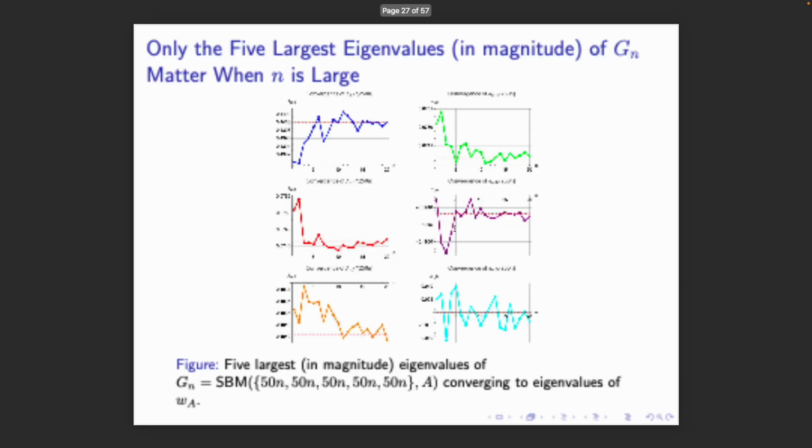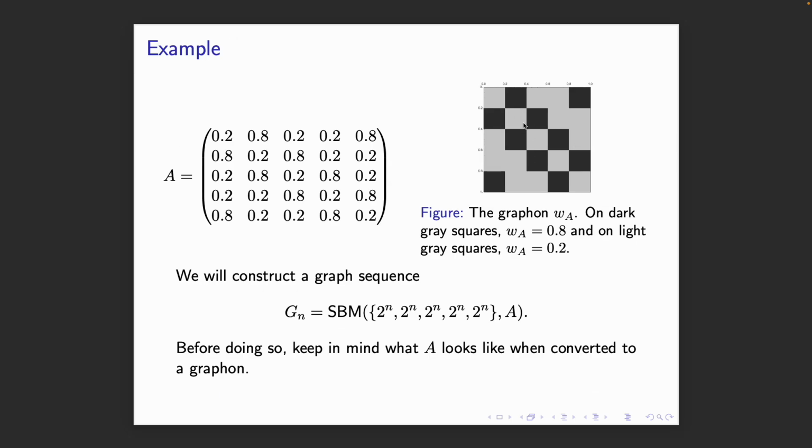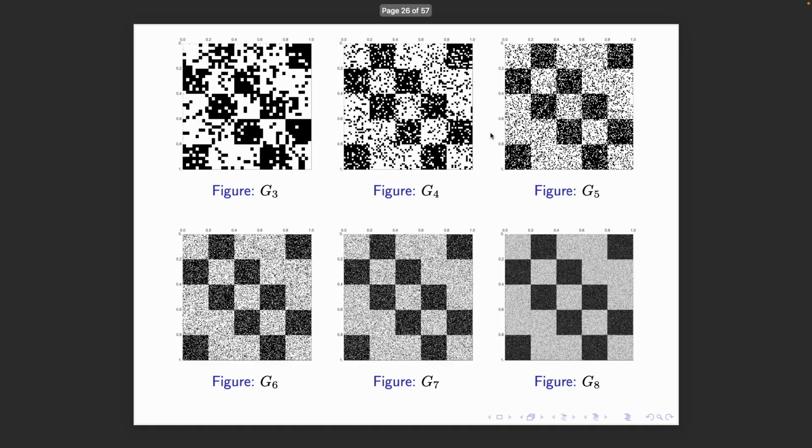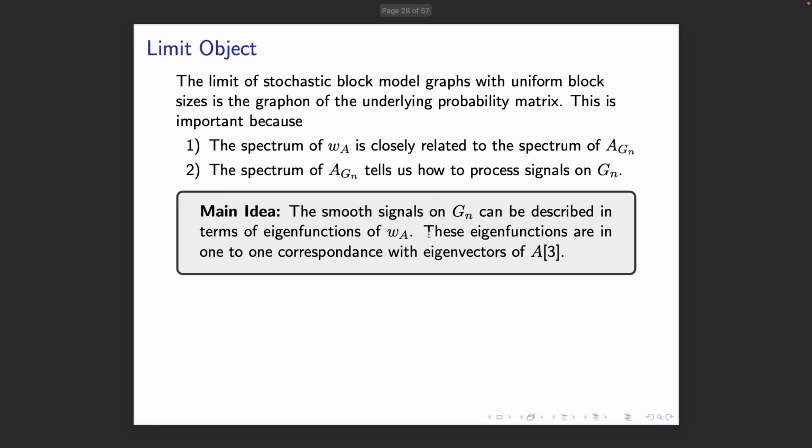However, this graphon, even though you can turn it into an operator on an infinite dimensional function space, is only really going to have 5 eigenfunctions that matter. And those eigenfunctions are in one-to-one correspondence with the eigenvectors of the underlying probability matrix.